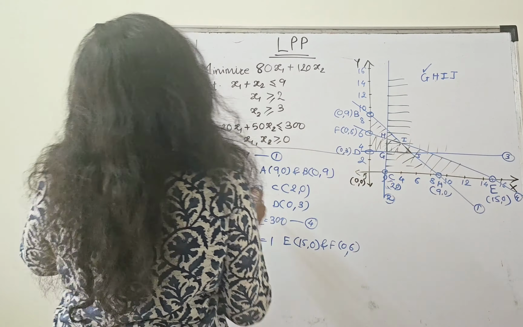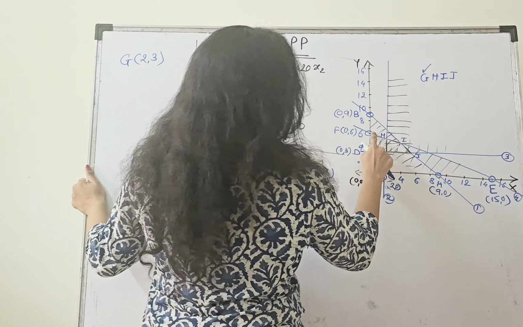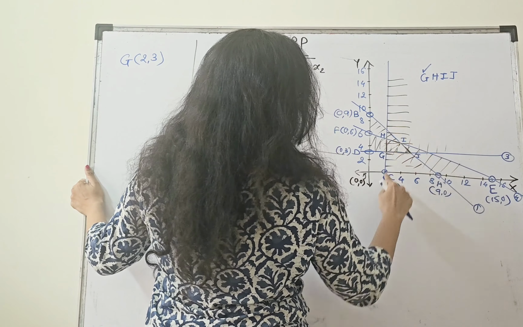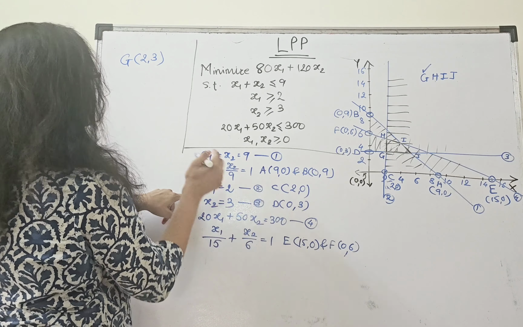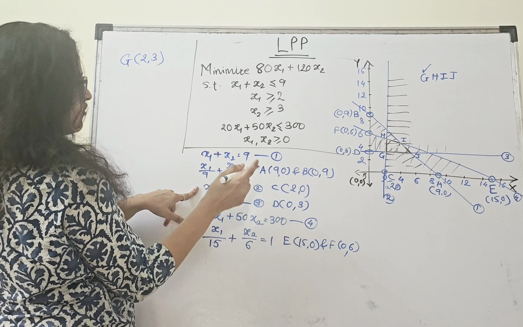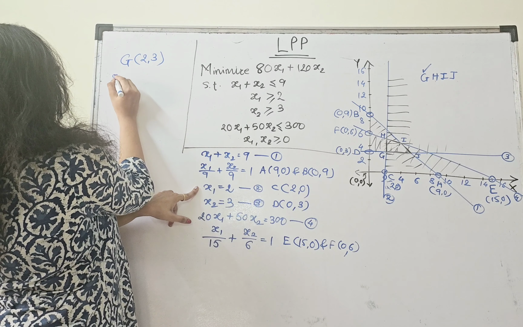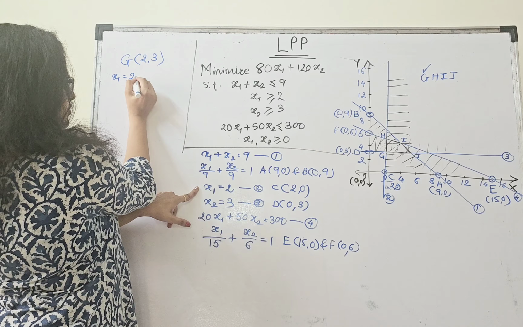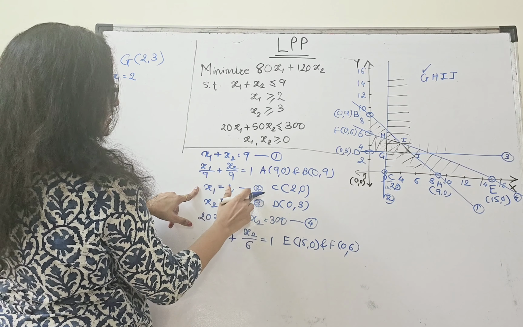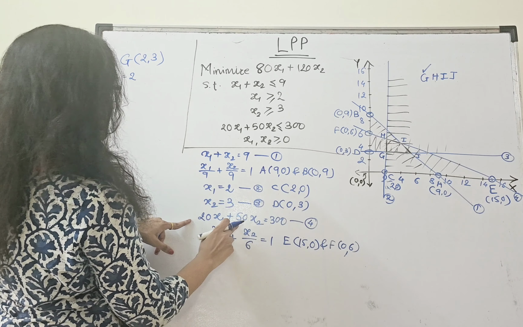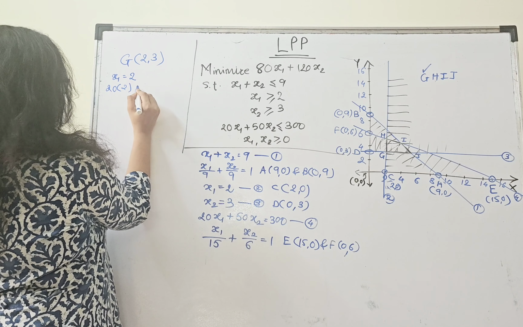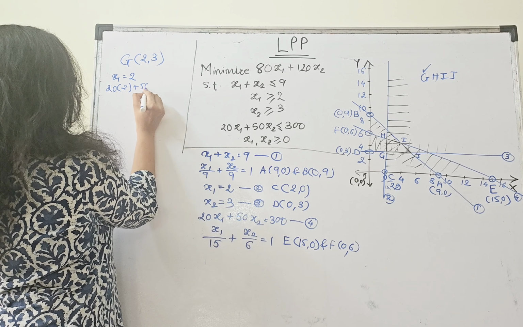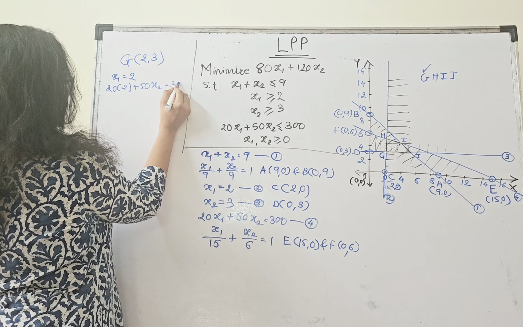So after that, H. Okay. Now you have to find out H. So H is passing through which 2 lines? 4 and 2. So this is equation 4 and this is 2. So 2 is giving you the value of x1 straight away. So the value of x1 is 2, correct? Because of this equation number 2. Put the value of this x1 in this fourth equation. You get 40 plus 50 x2 equals 300.